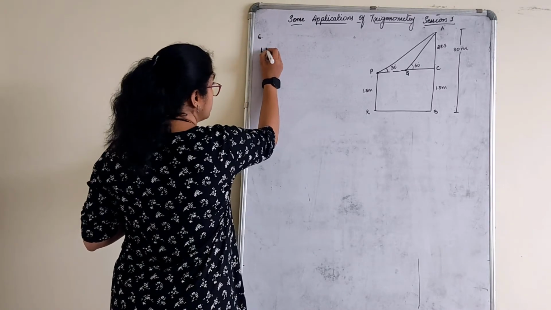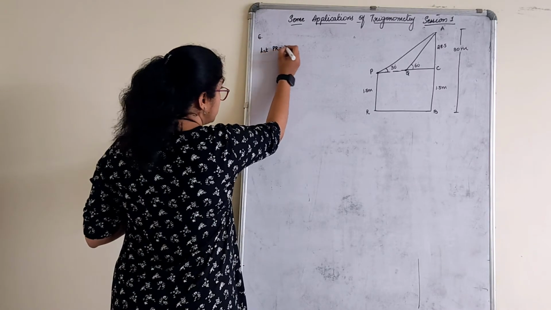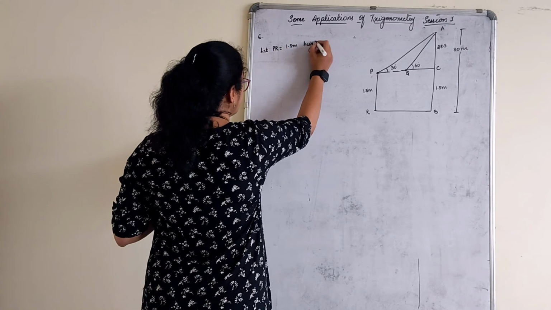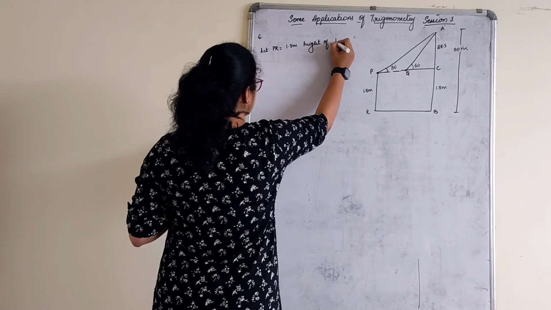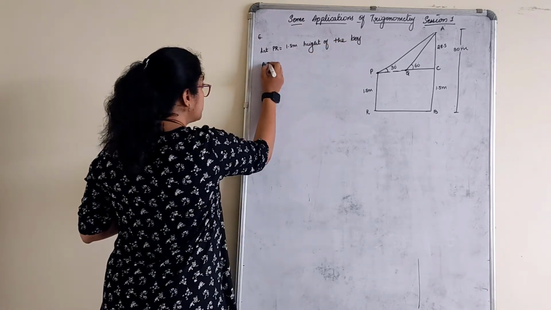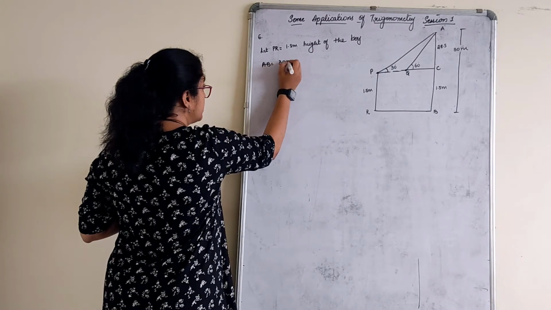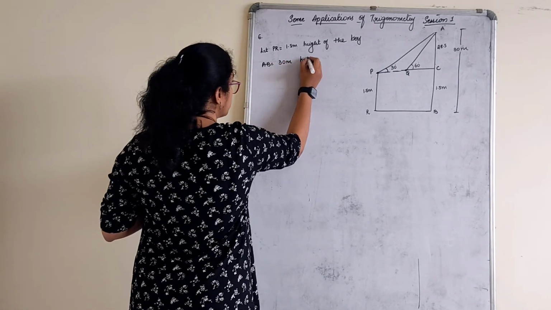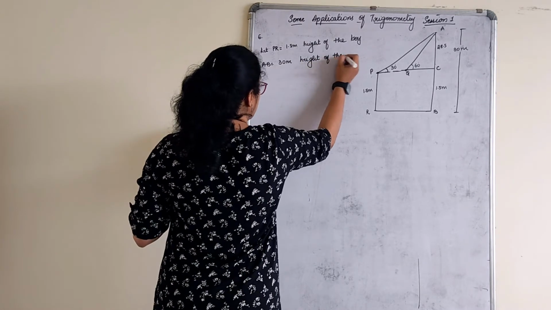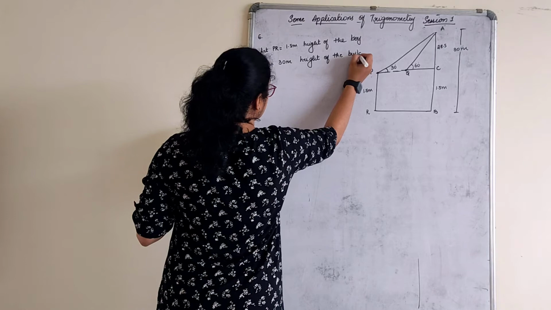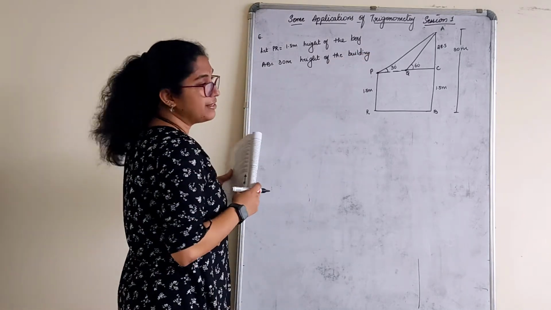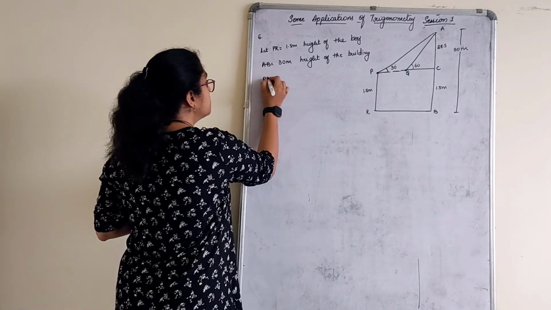Let PR be equal to 1.5, the height of the boy. AB is equal to 30 meter, the height of the building. That's more than enough, need not write anything.